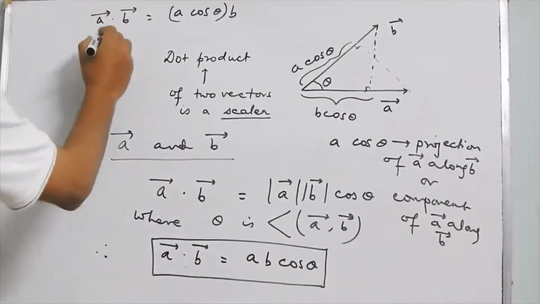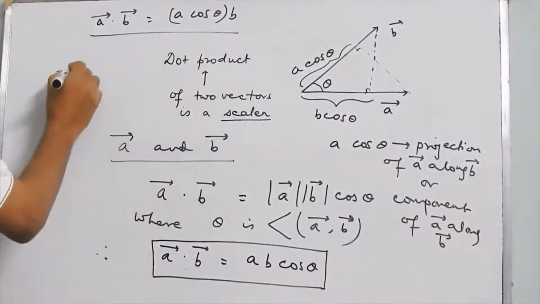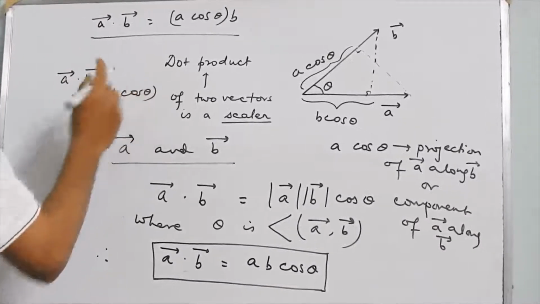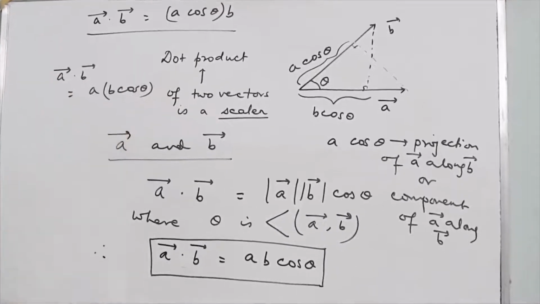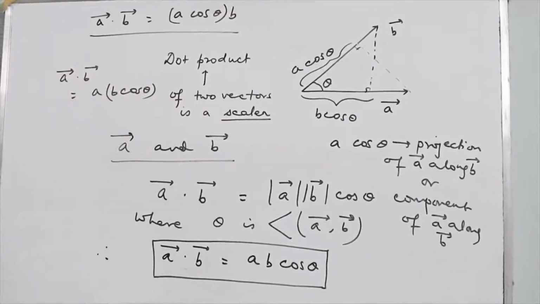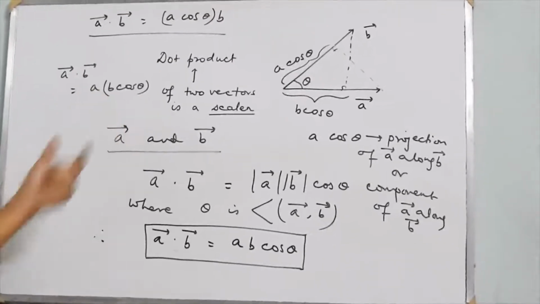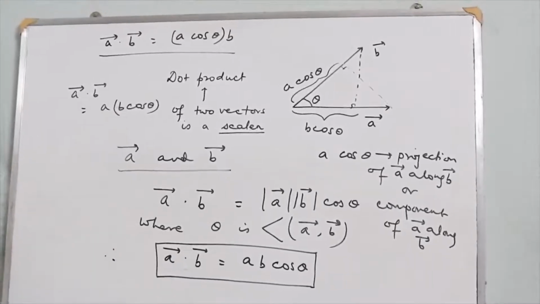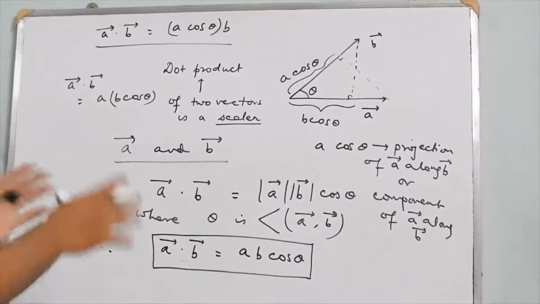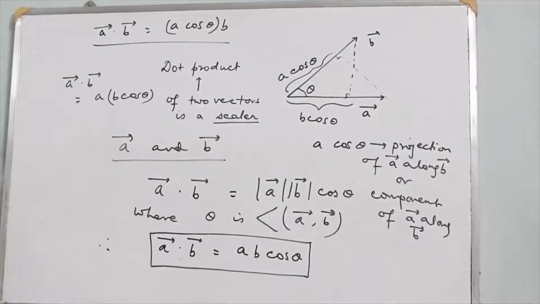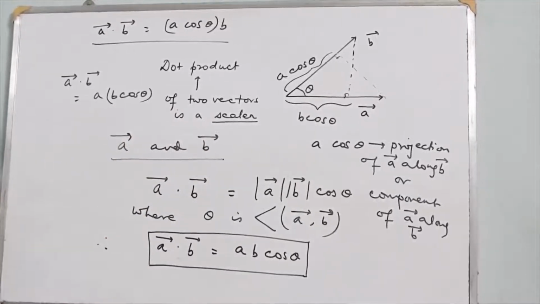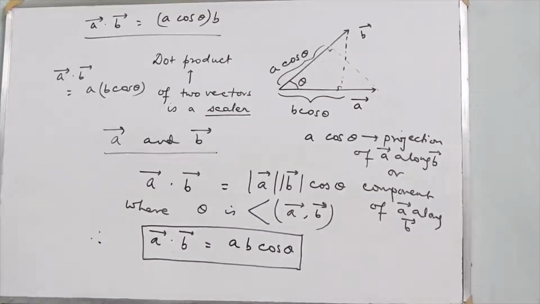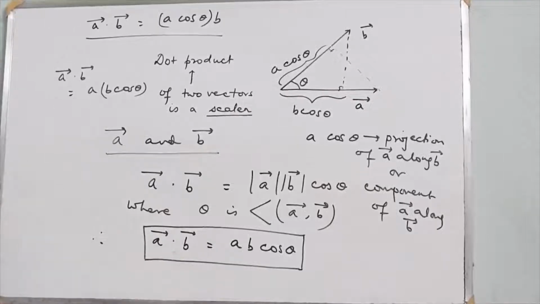Similarly, a vector dot b vector could have been written as a times b cos theta. What is b cos theta? B cos theta is the projection of b vector along a vector, or you can say b cos theta is the component of b vector along a vector. So that is the significance of finding the dot product. We are trying to rotate a vector along the direction of another vector and try to take its component along the given vector. So whether we rotate a vector along b vector or b vector along a vector, we actually perform the dot product of a vector.